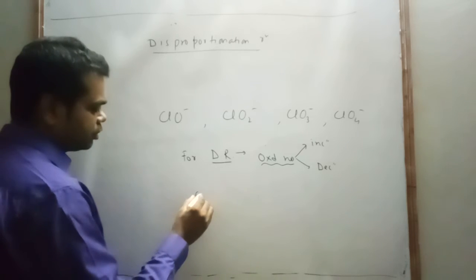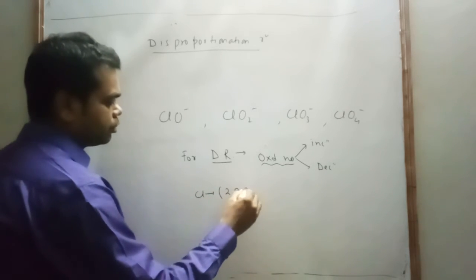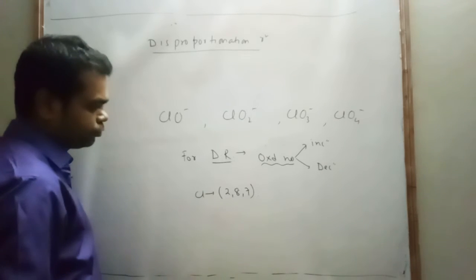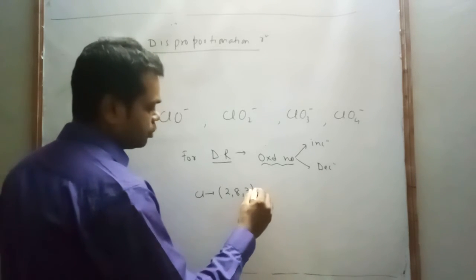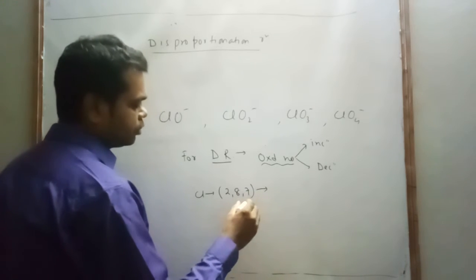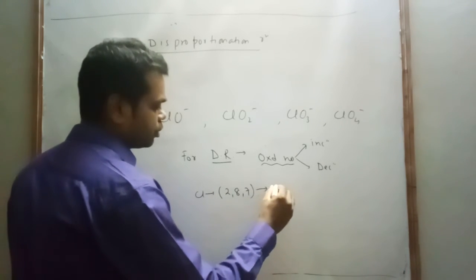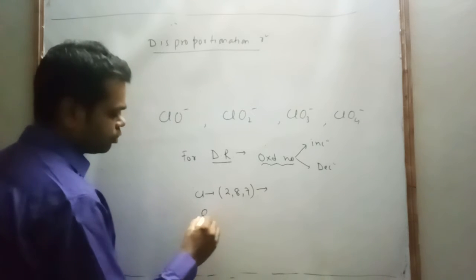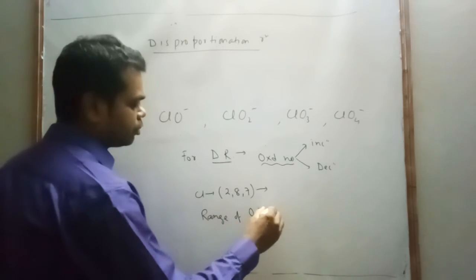Now if I consider the Cl atom, it is 2, 8, 7.